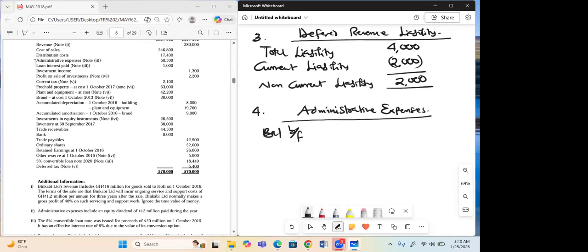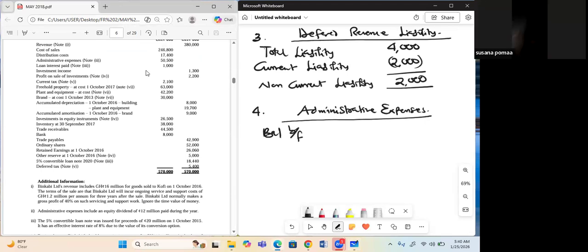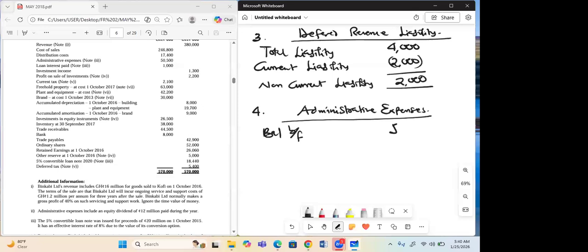Where is the administrative expenses? Here. Can you see? Yes, sir. That's 50,500.